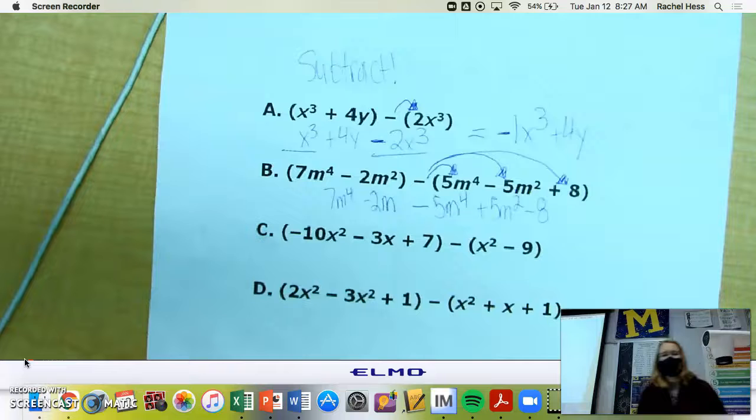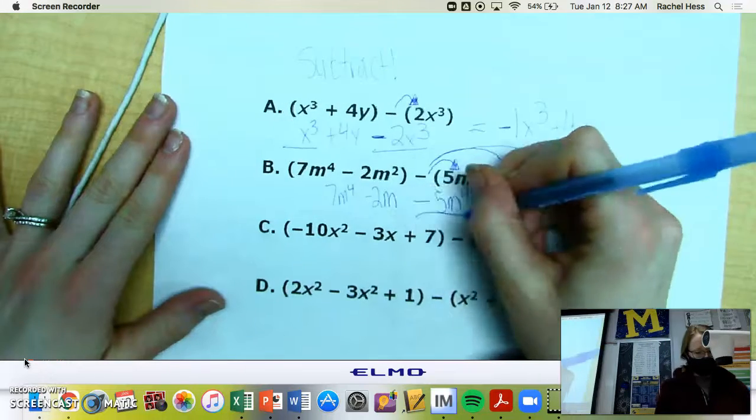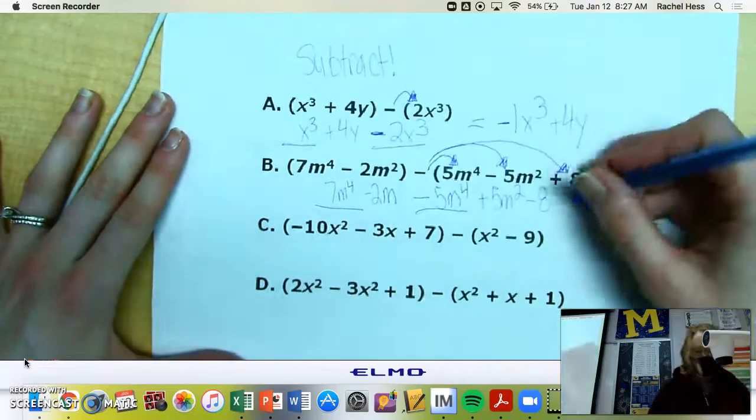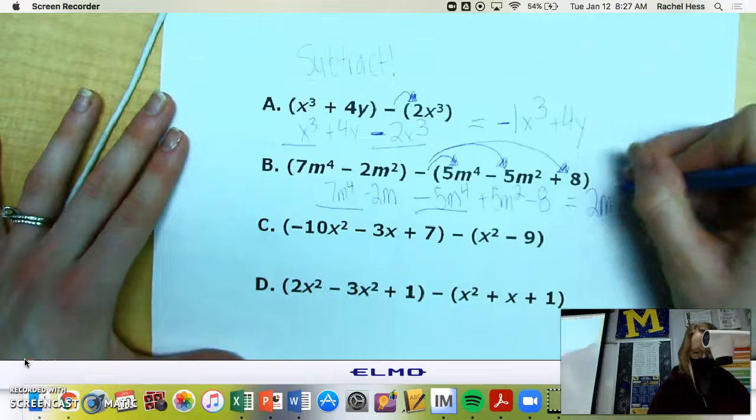And then, do I have any like terms? I think we do. Which ones? The 7m to the fourth and negative 5m to the fourth. Well, that would give me a 2m to the fourth.